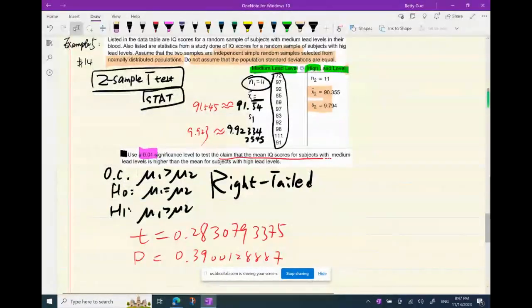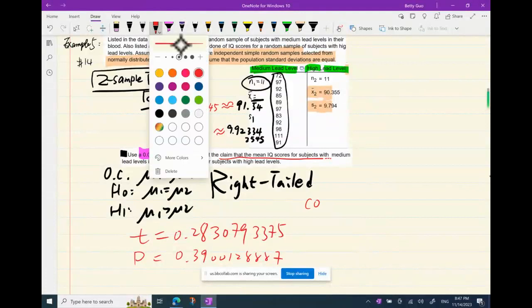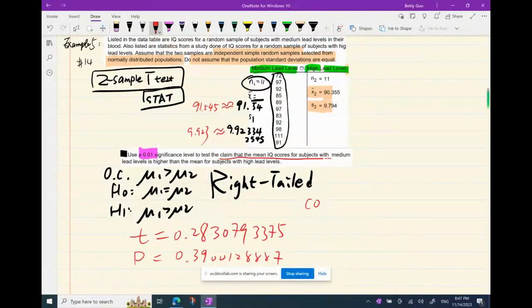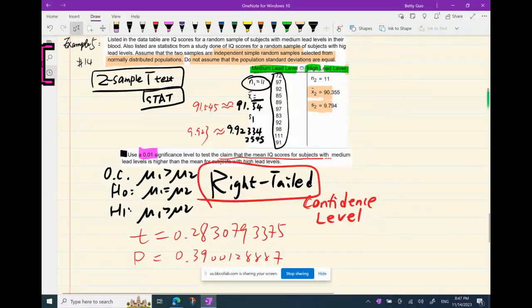Well, let's try the confidence interval method. Can anyone tell me what the confidence level is? Very important. In this case, by the way, this is a right tail test. Alpha is, oh, it's not 10%, it's 1%. Alpha is 1%.